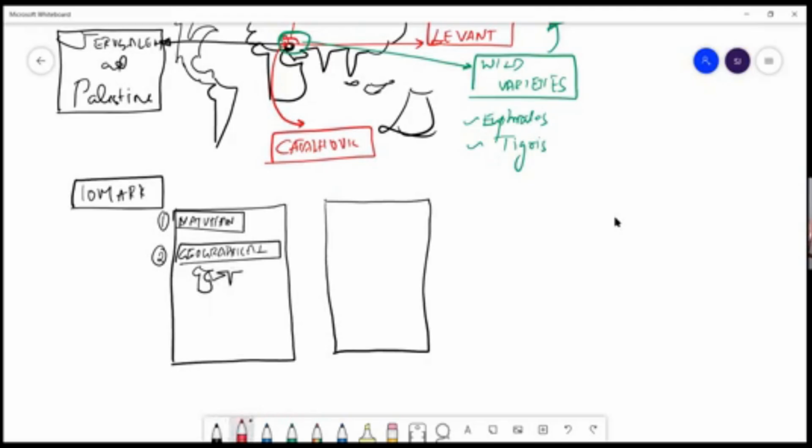When you draw, mark this place as Levant or Natufian or whatever name, or you can say the recent Israel Palestine. You add that, that also looks very good. The recent countries of Israel and Palestine. When you add that, that will give you a wonderful edge over other students. When you draw, it will look good.